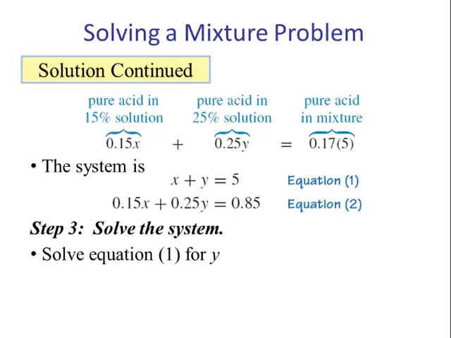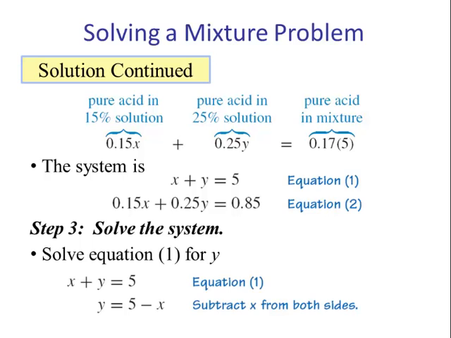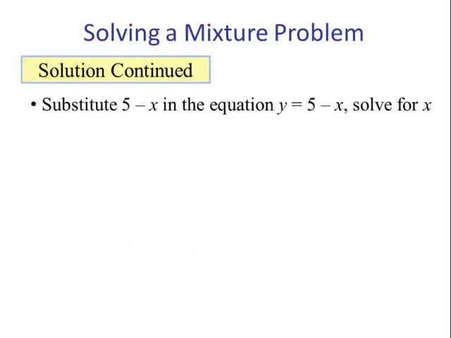Now we solve the system. I'm going to take the first equation and solve it for y. So I'm going to subtract x from both sides, and we have y equals 5 minus x. Next, we substitute this expression, 5 minus x, into the other equation, and we solve for x. So next we want to do our distributive property.